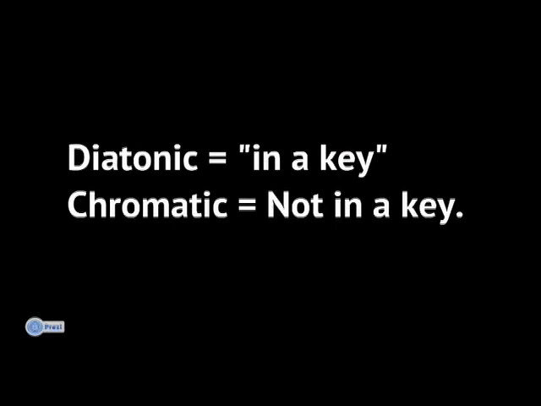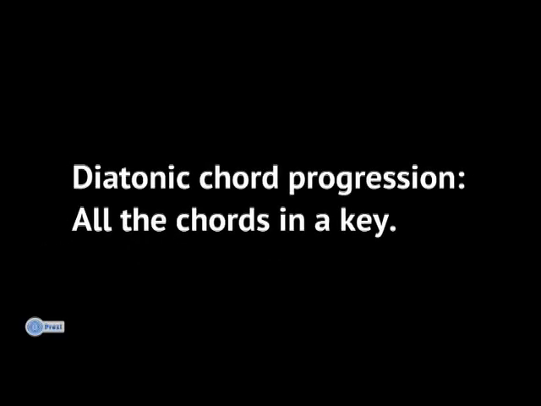So that's what chromatic means: playing any note, not playing in a key. Diatonic means we are in a key, and that's what we're going to focus on now. A diatonic chord progression means all the chords in a key. What this is going to show us is how to find all the chords in a key in a systematic way, and to know the quality of those chords.